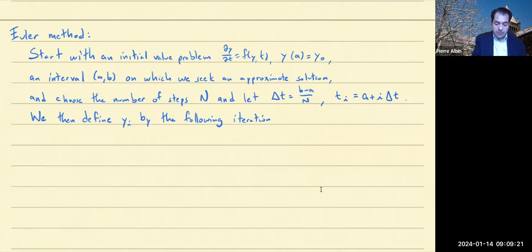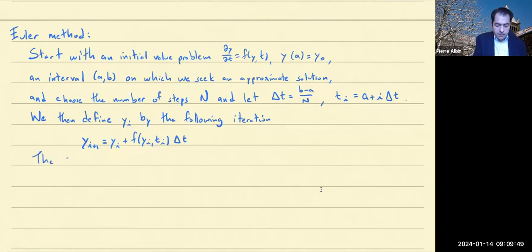So we define y sub i plus 1 to be y sub i plus f of y sub i, t sub i times delta t. We're just following the segment that goes through this point with slope f of y sub i, t sub i.